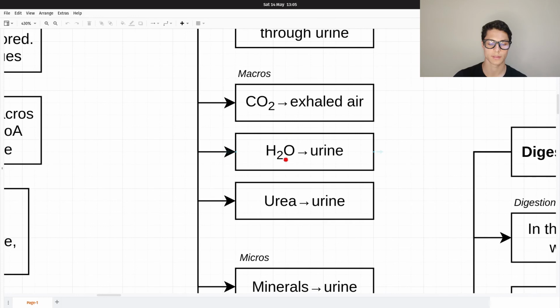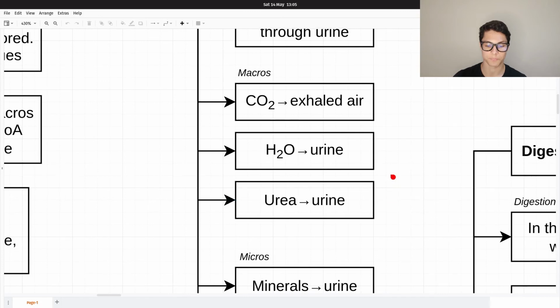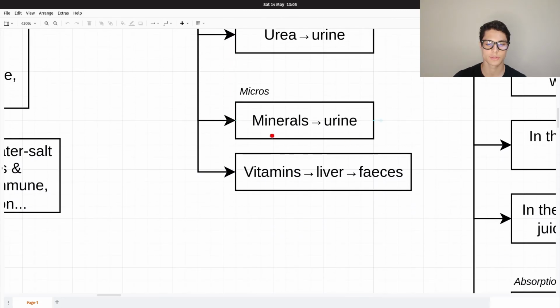The water that comes with the degradation of the macros in the whole metabolism is eliminated in the urine, as well as the urea. Urea is the concentration of nitrogen that comes with the amino acids of the proteins we ingest. The ammonia we create is very toxic, and urea as well is toxic, but we will eliminate it through the urine. And then the micros, the minerals, go through the urine.